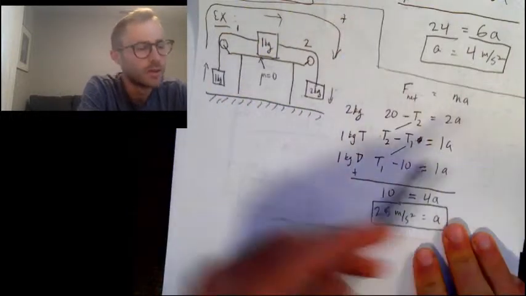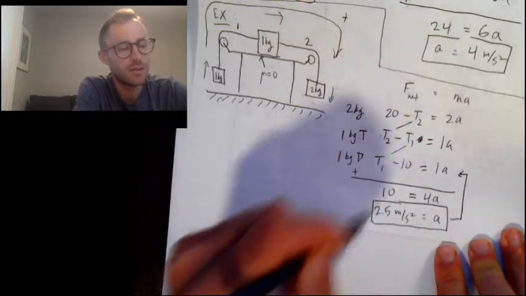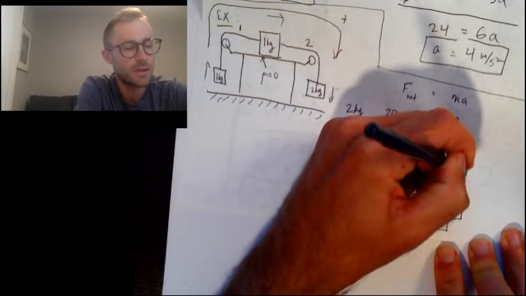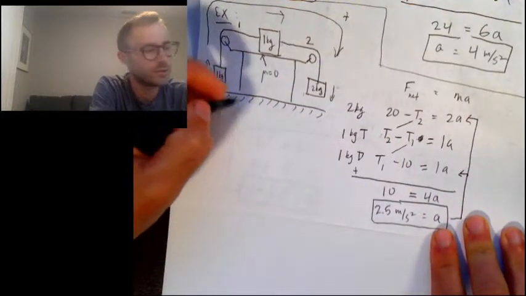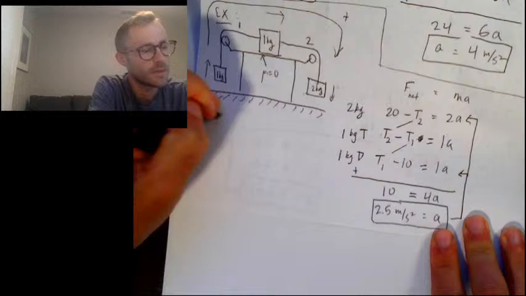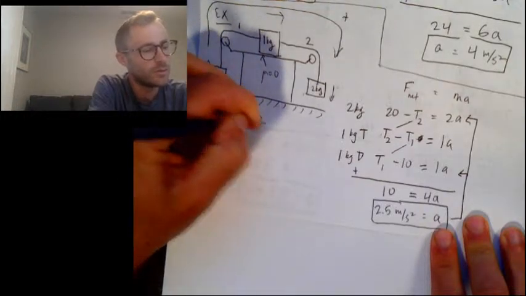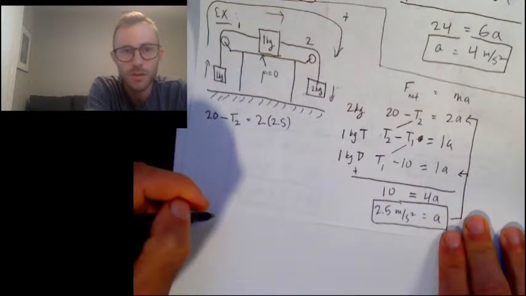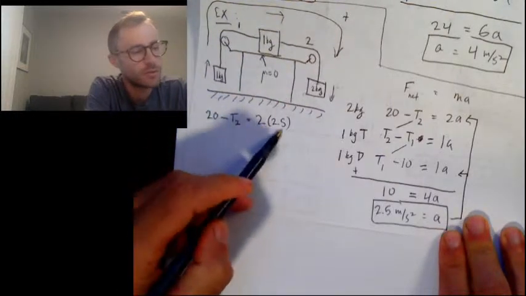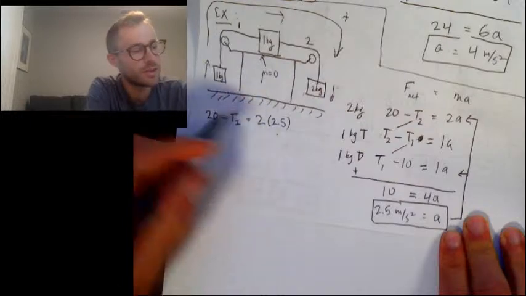So let's go ahead and plug this back in. I'm going to plug into the bottom equation, and I'm going to plug into the top equation. So if we go to the top equation, I have 20 minus T2 equals 2 times 2.5. 2 times 2.5 is 5.